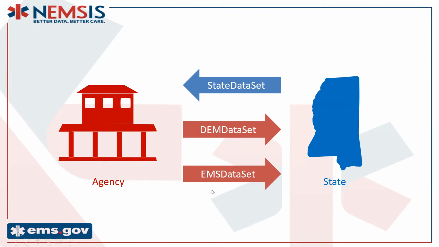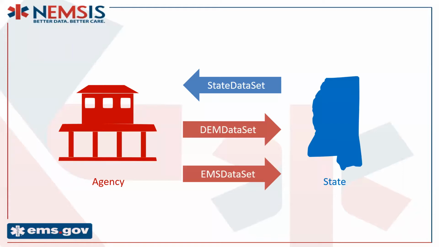And EMS Dataset, the one that flows most commonly on a daily basis, represents the EMS events that an agency is responding to. In other words, the patient care reports. And those patient care reports are sent by the agency to the state and certainly to other places as well, like HIEs or billers.